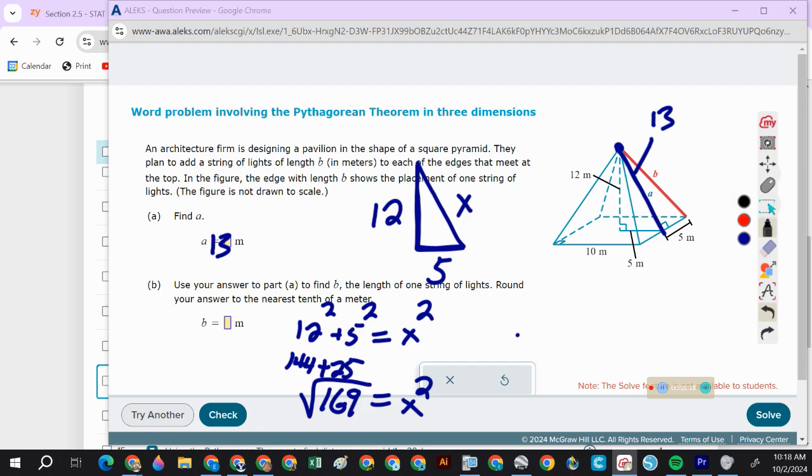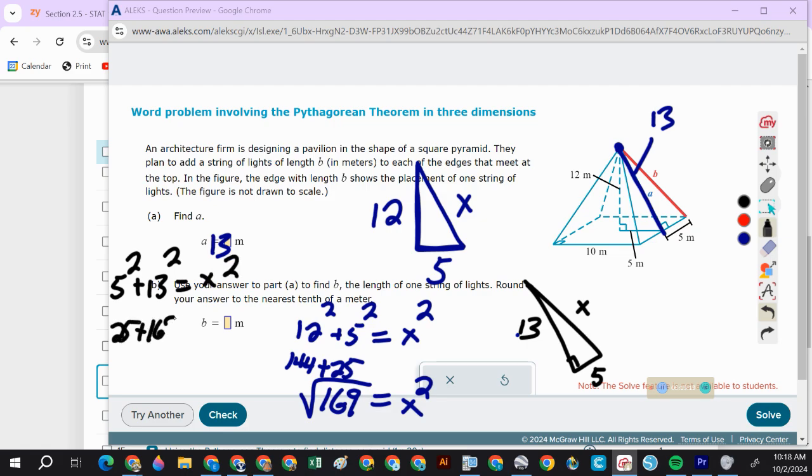Now, we can solve for B. So now I'm going to draw this triangle. I'm going to pull it to the side. Where is my right angle? It's right here. I know that the bottom is 5, and I know that the left side is 13. And now I need to find this, which is the hypotenuse. So 5 squared plus 13 squared equals X squared. 25 plus 169.